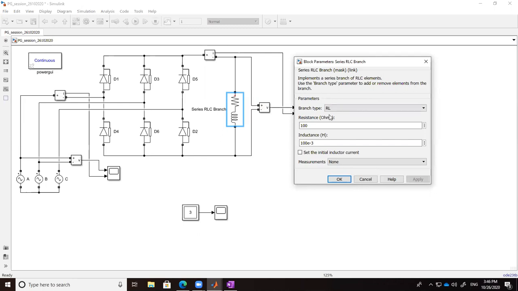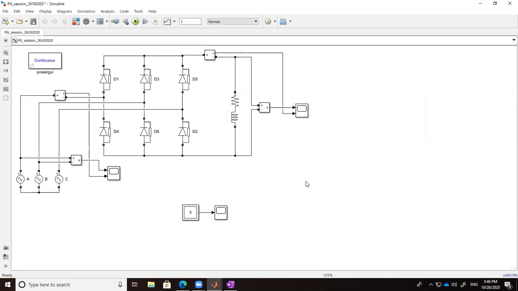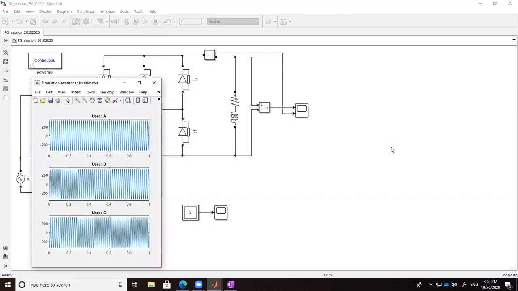So I have added RL. The inductance value is 100 millihenry. So I have assumed a large enough inductor, which is equivalent to the armature inductance of a motor. Okay, I save it, and then I run it again.